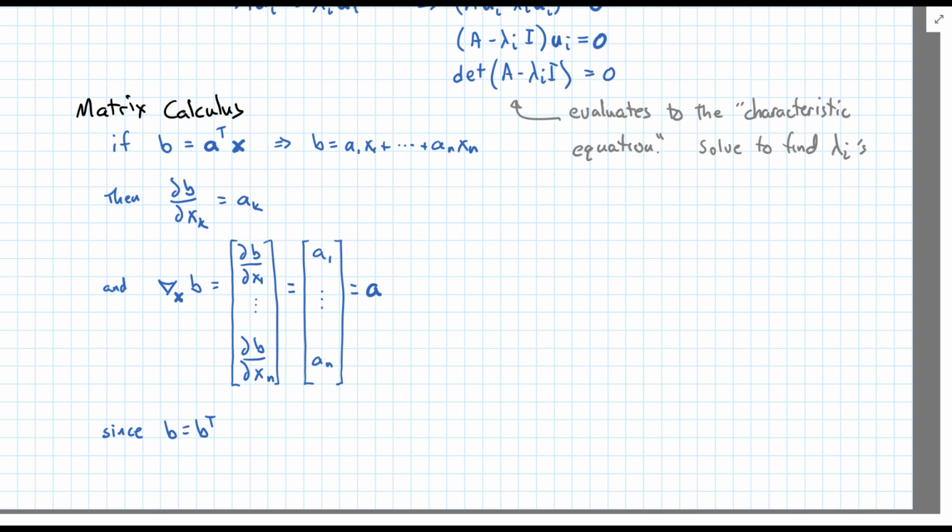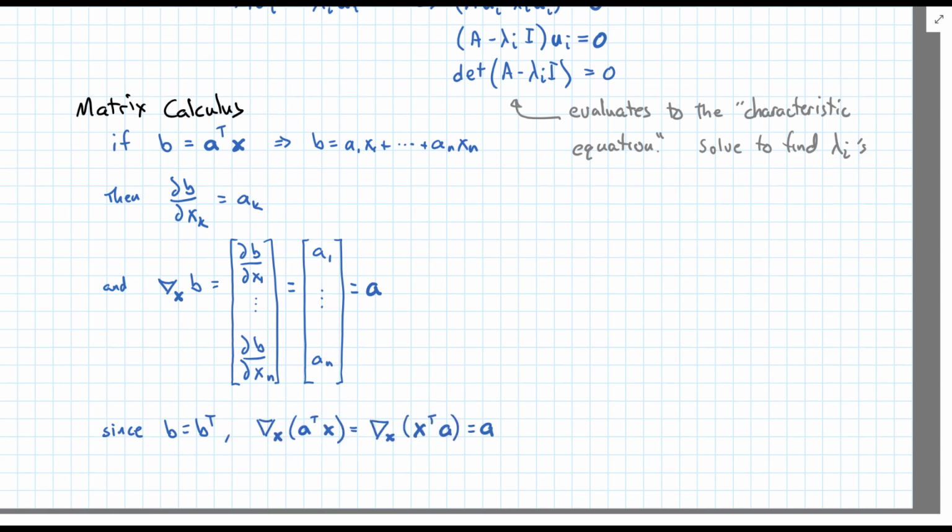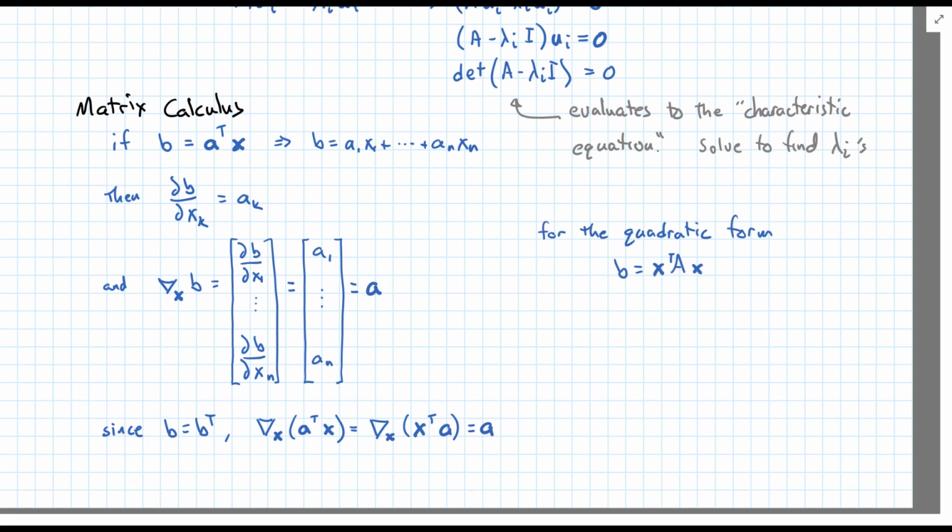And that yields this nice little property, that the gradient of A transpose X is going to be equal to the gradient of X transpose A, which in both cases is just equal to the column vector A. That throws a few people off, in my experience, but just remember it all comes down to the fact that what's in the parentheses is a scalar, and so the transpose doesn't matter, and the gradient is defined as a column vector.